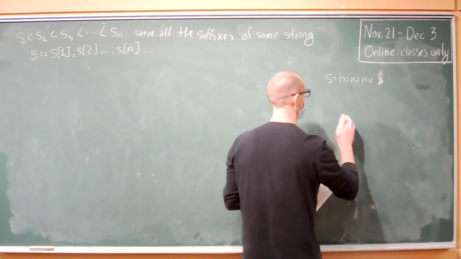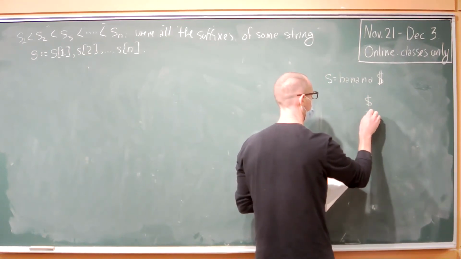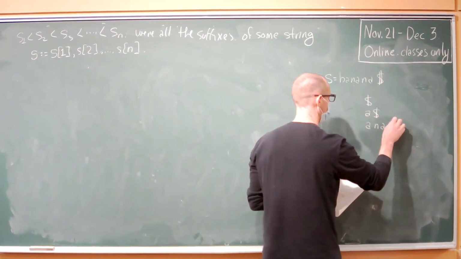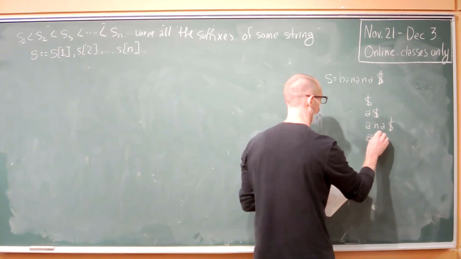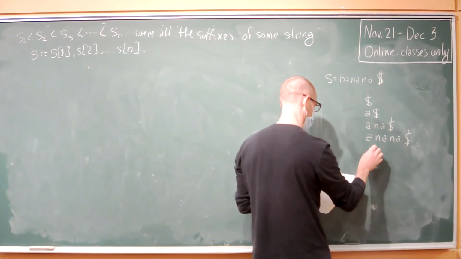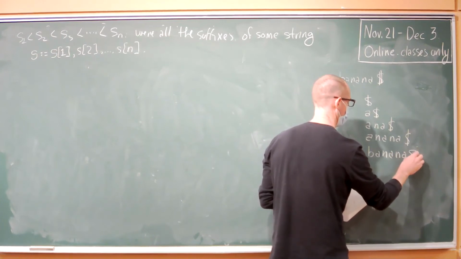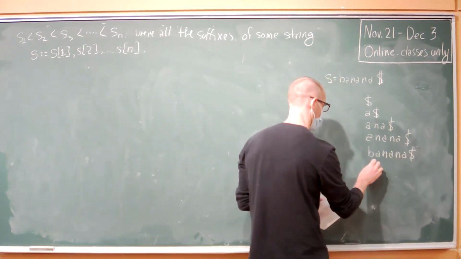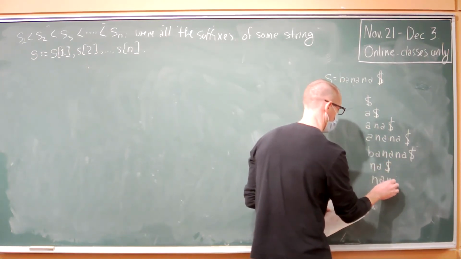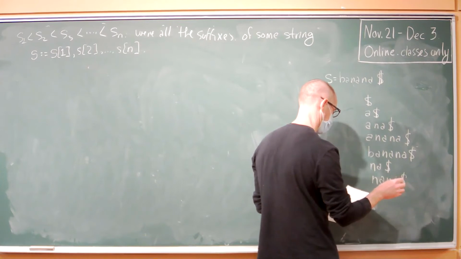And when I sort all of its suffixes, I get the empty string, the string that has just the letter A, Anna, and so on.